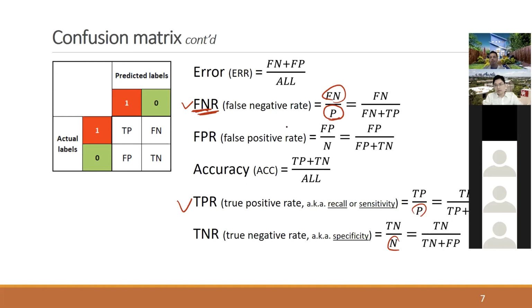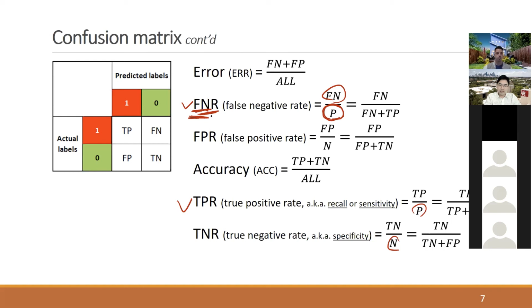So that's why I said, it's better to get used to this routine or habit. Whenever we say false negative, it's actually referring to positives. And that's why the denominator is all the positive cases. Let's put it in the context of credit card default.